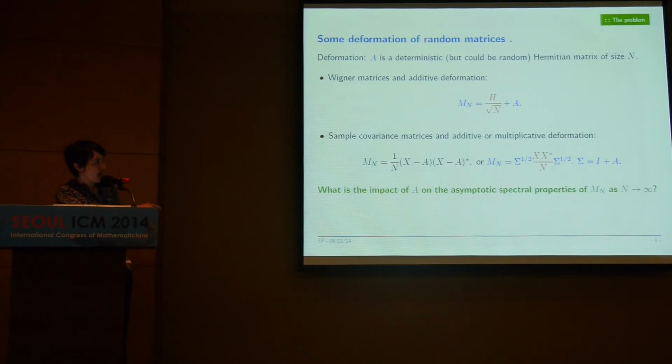We then form this new sample covariance matrix by multiplying both left and right by sigma to the 1/2. And the question is now, what is the impact of A on the asymptotic spectral properties of this new matrix Mn, which is a deformed one with respect to the standard ensembles.